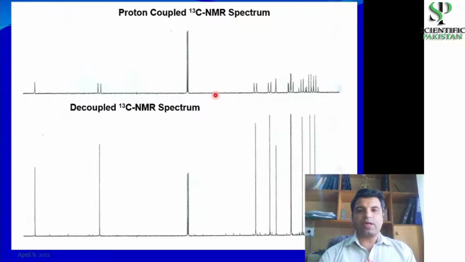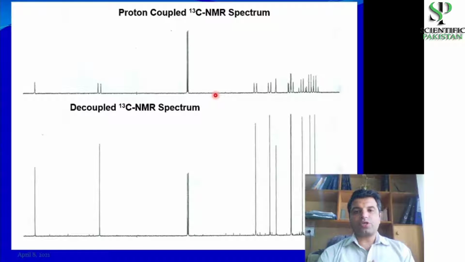For example, if a carbon has one hydrogen attached to it, just like the coupling we discussed for proton, this proton can be seen by the carbon in both alpha and beta states, and that is why the signal of the carbon atom to which that proton is attached will be split into two, according to the N+1 rule. If a carbon has two protons attached to it, then the signal will be split into 3, according to the N+1 rule, and if a carbon is attached to three hydrogens, then the signal will be split into 4 according to the N+1 rule.